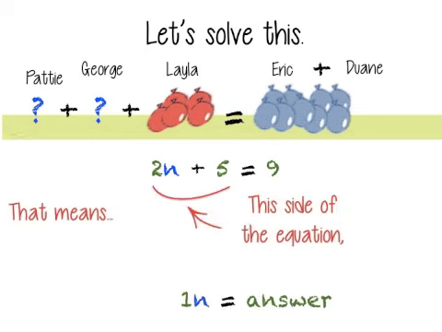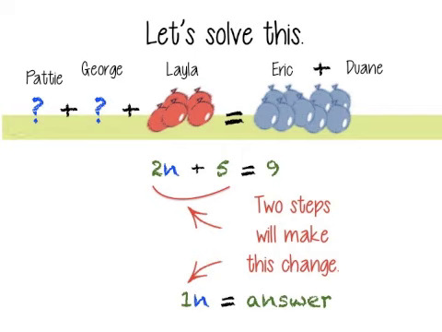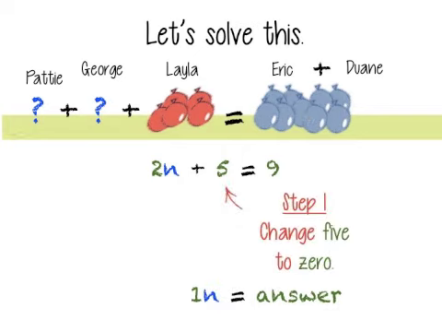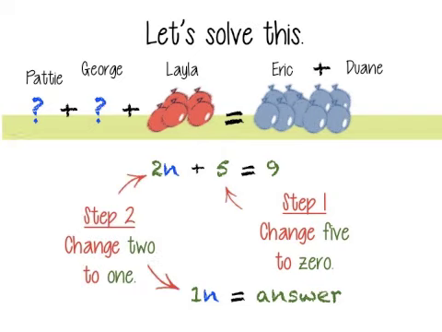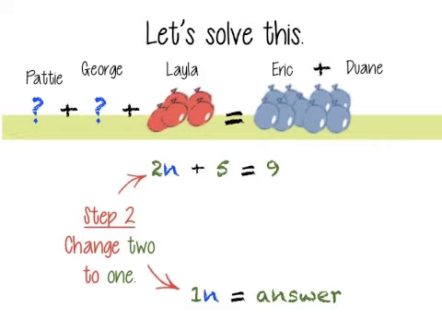That means this side of the equation turns into this, and this side becomes your answer. 2 steps will make this change. Step 1, change 5 to 0. Step 2, change 2 to 1.